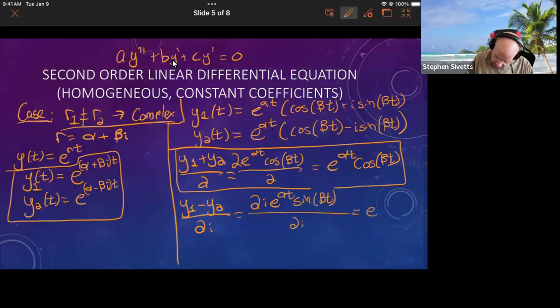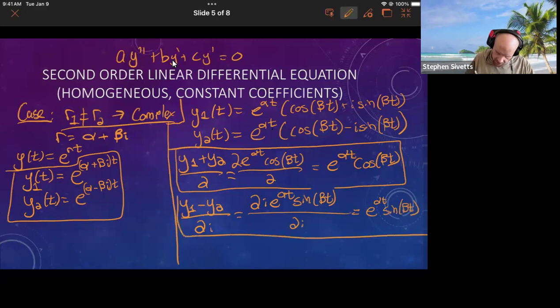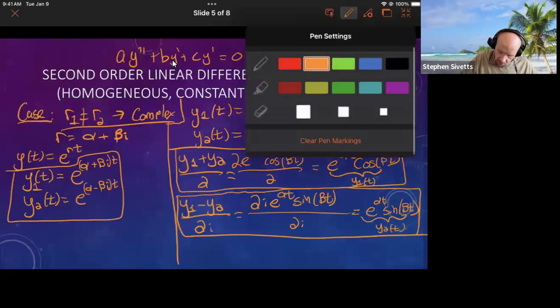This equals e to the alpha t sine beta t, right? So this is another function that satisfies the differential equation. They label this function as your new y1 of t and this function as your new y2 of t.